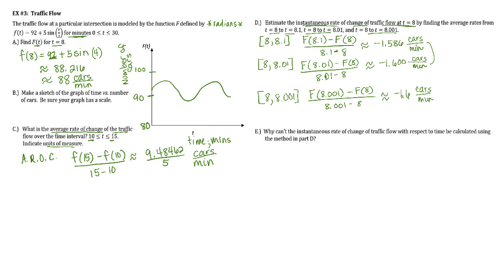So it looks like we can do a good estimation that the instantaneous rate of change at t equals 8 is negative 1.6, and make sure we include our units, cars per minute.